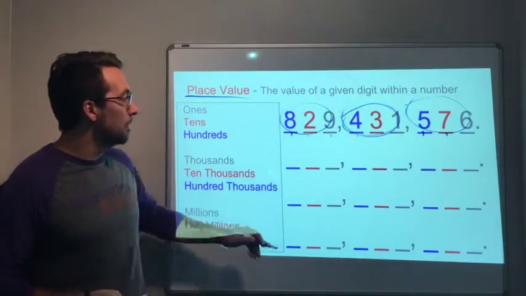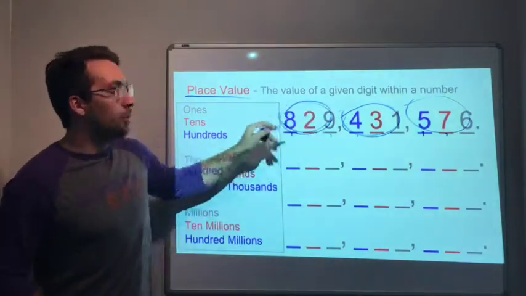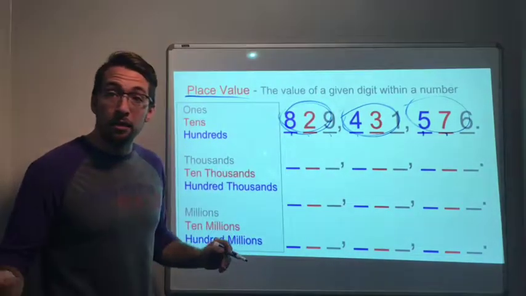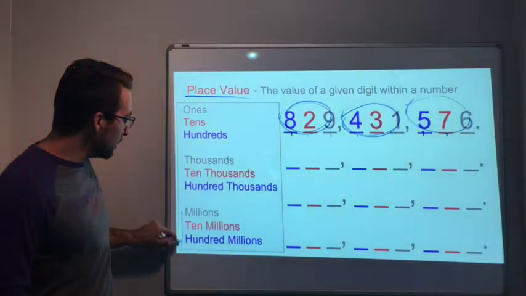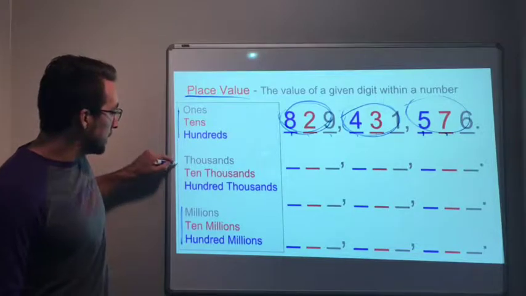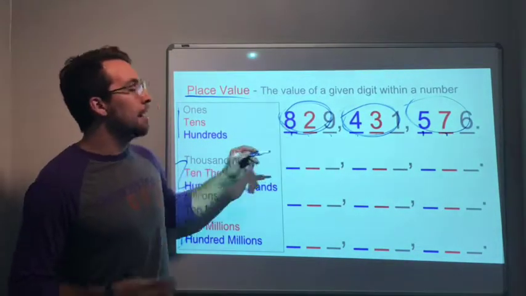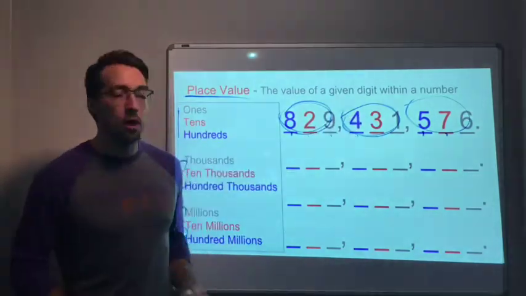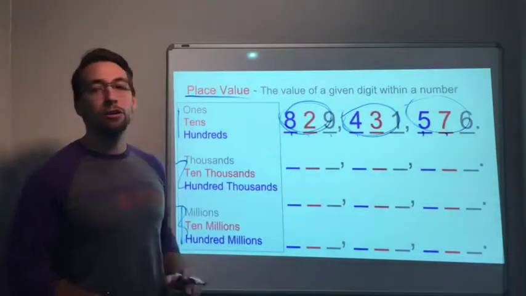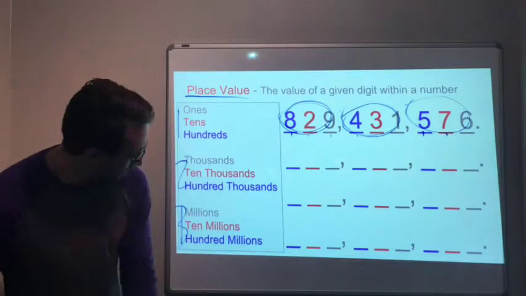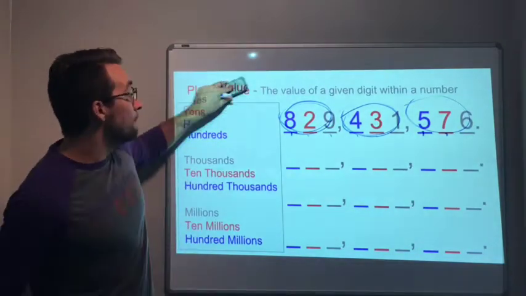It doesn't matter. You can read 829. Well, that's 829. And notice, this is in the millions, right? So the first three, second three, third three digits. 829,431,576. Okay. Place value. Very important.